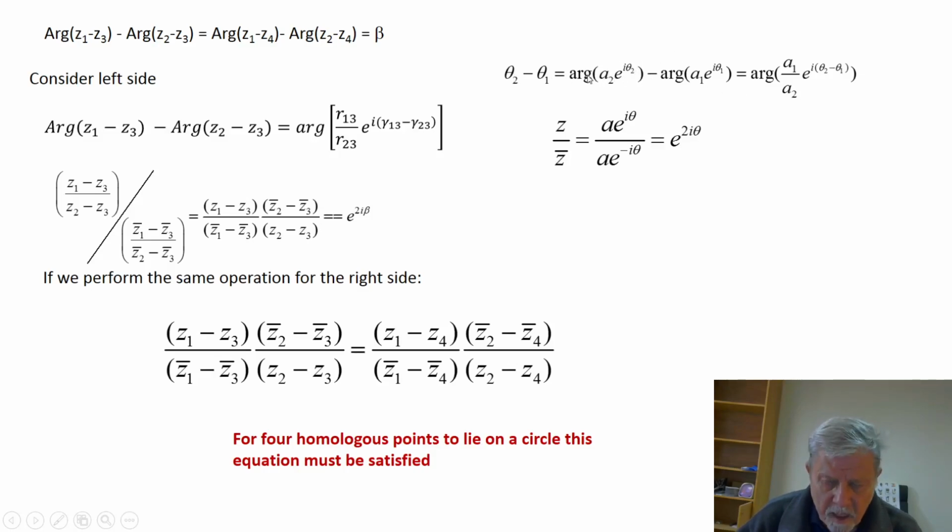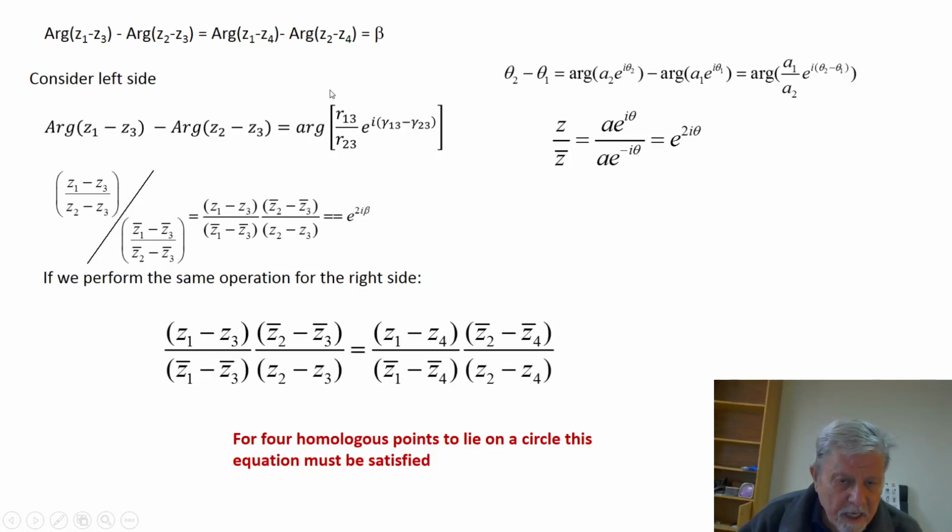This subtraction of the arguments, I can take this complex number and divide by this complex number, A2 over A1. I'm sorry, here this is wrong. A2 over A1, I'll correct it: A2 over A1, e to the i theta 2 minus theta 1.